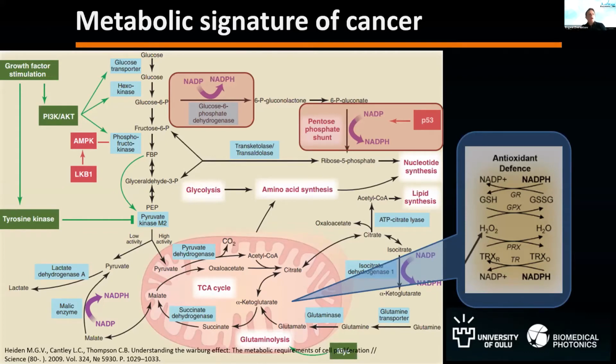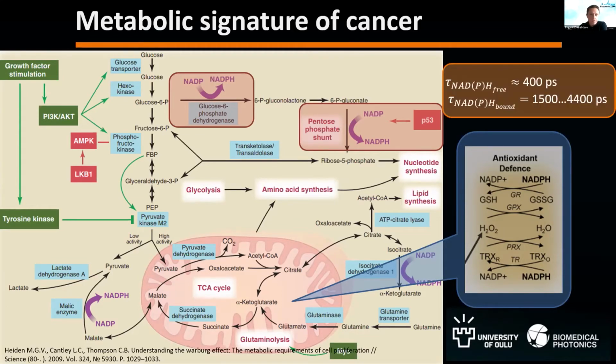We have to understand that in cells, NADPH and NADH can be in a so-called free state, when not bound to a protein, but when bound to protein, the fluorescence lifetime changes significantly. And we can even distinguish between the protein-bound NADH and NADPH fractions.